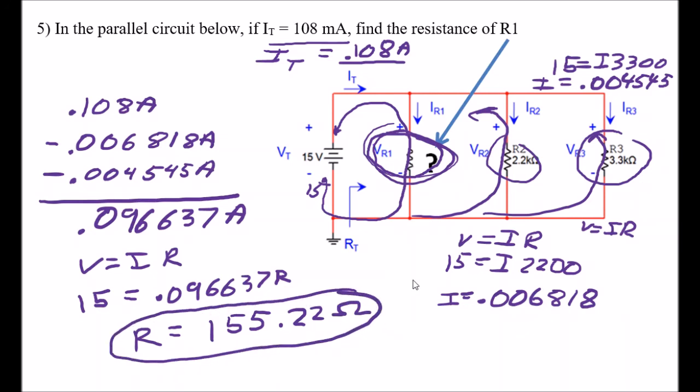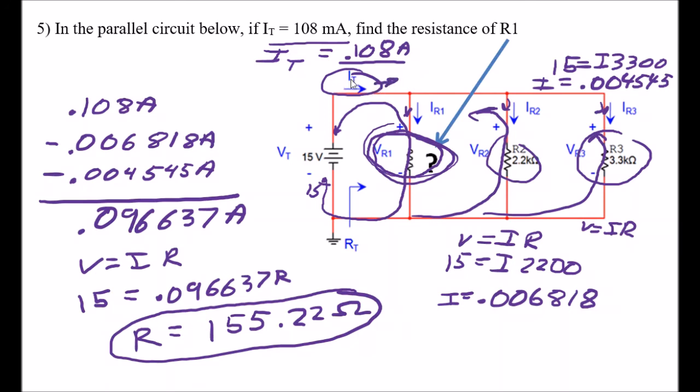So you have to know a little bit here, right? You have to know that the voltage drop across each of these branches is the same. It's 15 volts. And you have to know that the total current is equal to the sum of the currents in each of these branches. And again, I hope that makes sense, because current is really the number of electrons that are flowing through my circuit.